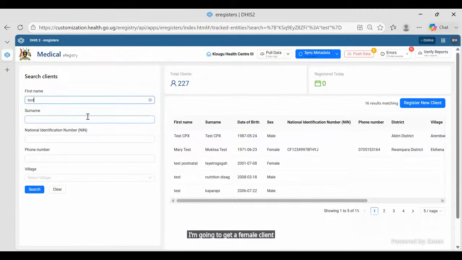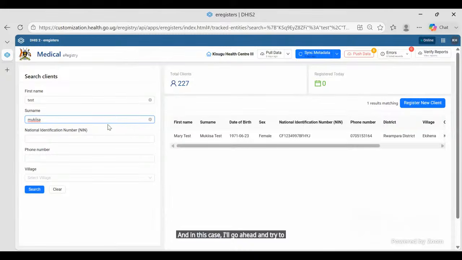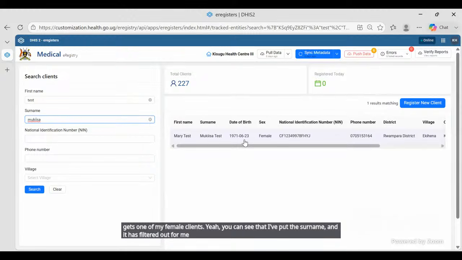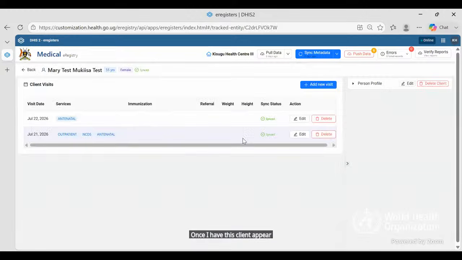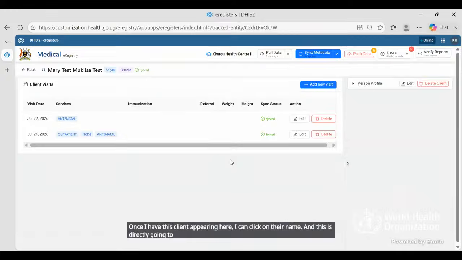You can see that I've put the surname and it has filtered out the test client that I want, Meritus Mukisa. Once I have this client appearing here, I can click on their name, and this directly opens the client dashboard that you also see when you register a client.